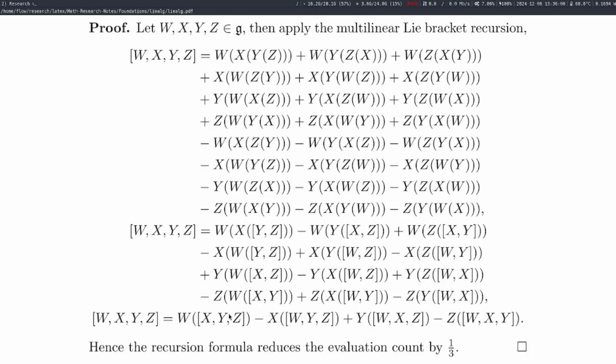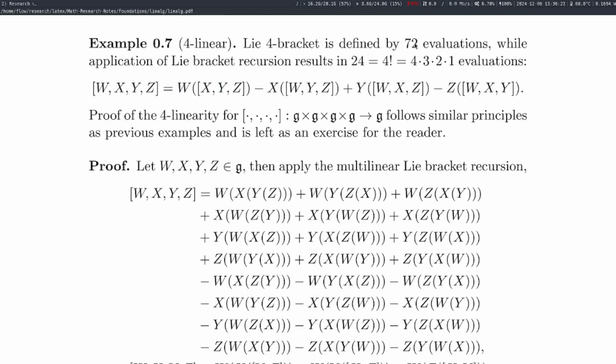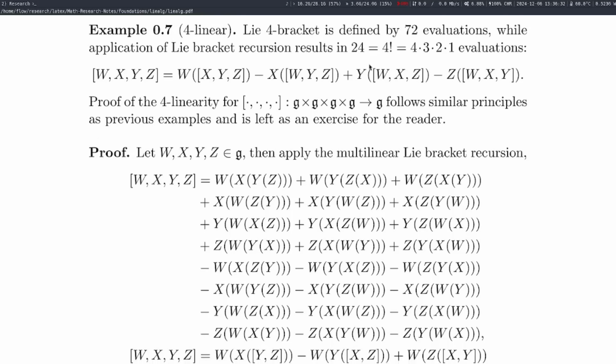So this is the multilinear Lie bracket recursion formula, which I've proved here in the beginning. And hence the recursion formula reduces the evaluation count by 1/3. So we can simplify things. And for the complexity of 72 evaluations, reducing it to 24 by 1/3, that's a significant reduction in evaluations.